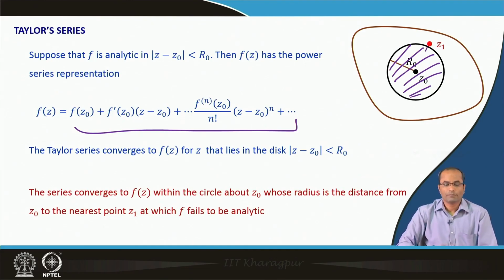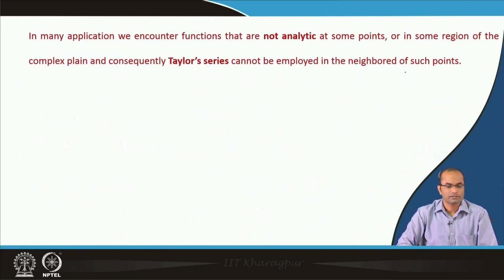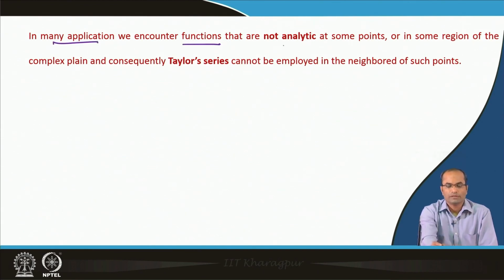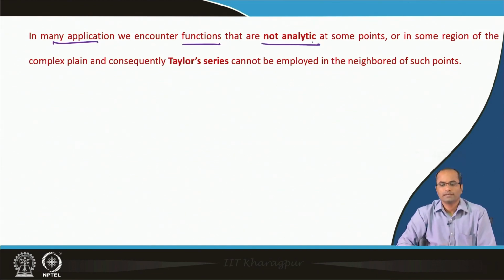Very often we will see that some functions are not analytic at some point or in some region. So, what kind of representation can we have for those functions? In many applications we encounter functions that are not analytic at some points.